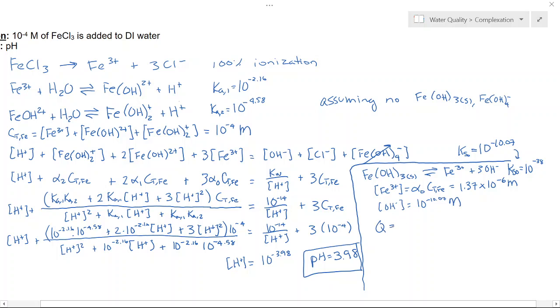So my Q, which is ferric times hydroxide cubed, will be 1.37 times 10 to the minus 6 times 10 to the minus 10.07 cubed, which gives me a value of 10 to the minus 3.07, which is higher than the Ksp.